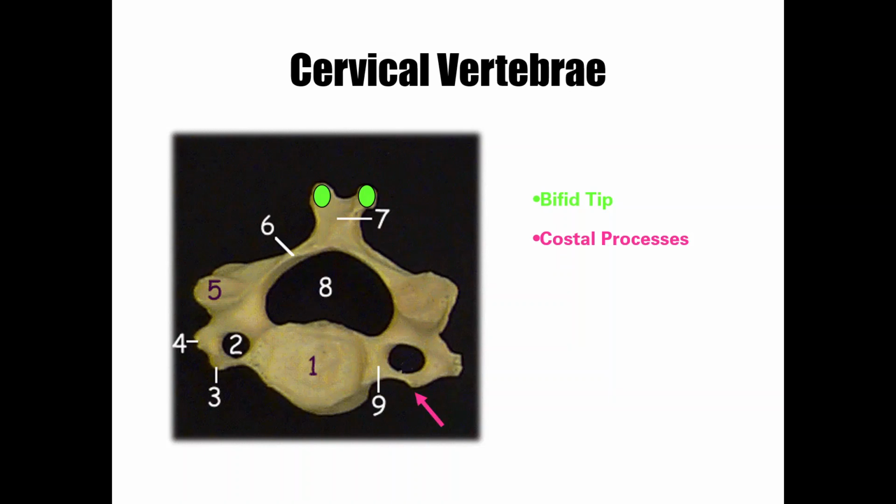It also has costal processes, which are on the lateral side. Here you have the transverse foramen, which are holes, if you will, in the transverse processes. And that's where some blood vessels go through.